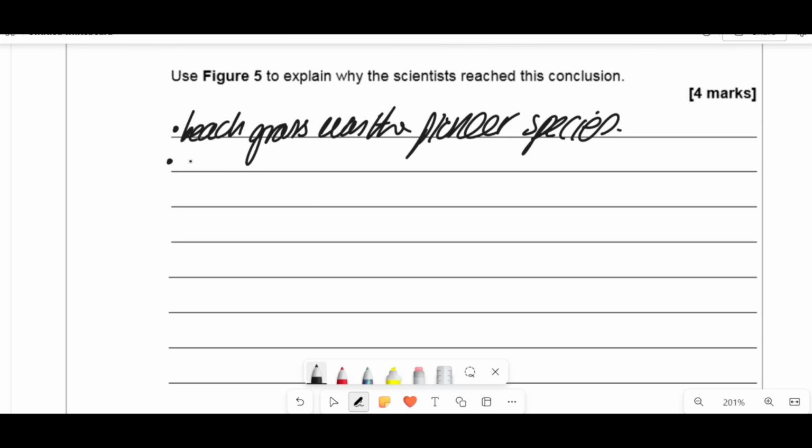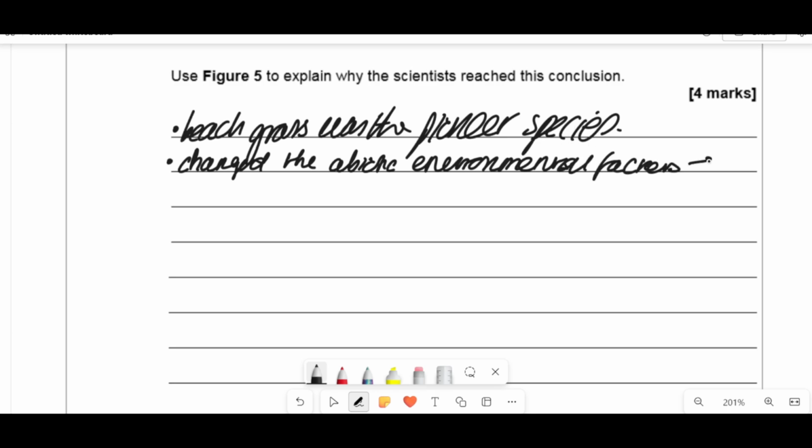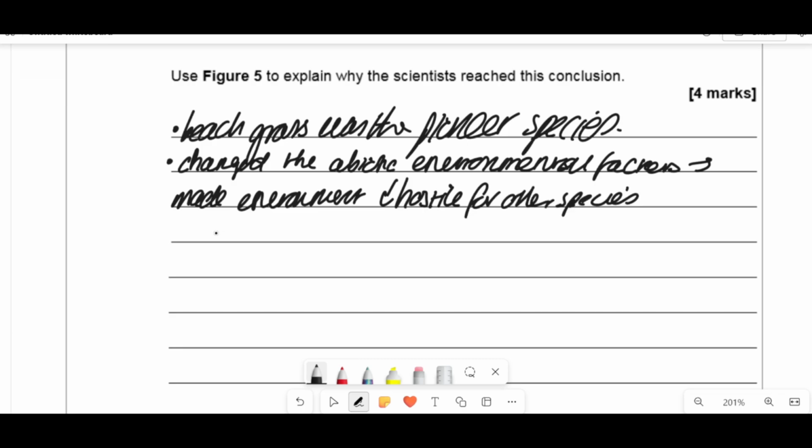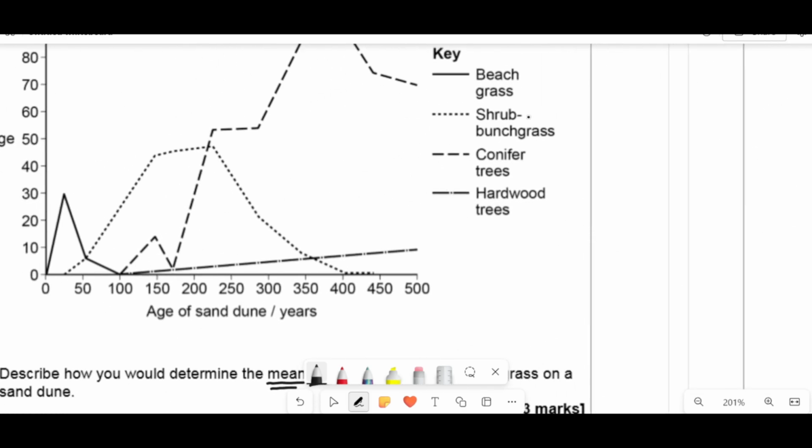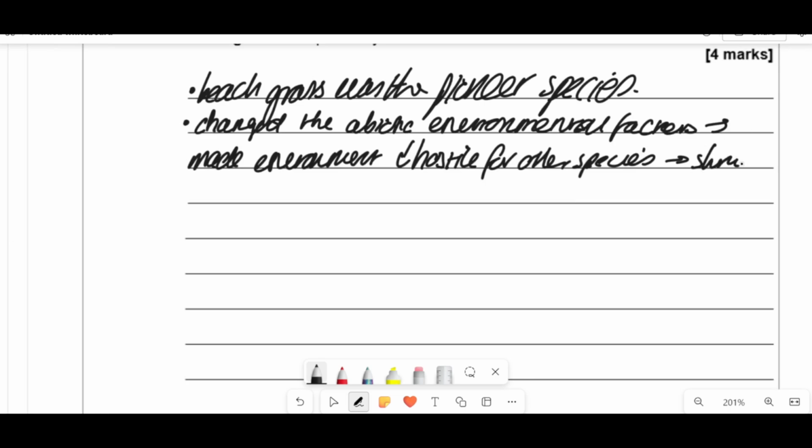What they must have done is changed the abiotic environmental factors, for example nutrient availability in the soils, which they might have provided by dying and decomposing. This meant they made the environment less hostile for other species. And then remember to link back to this: it's less hostile for whichever one came next, so the shrub and bunch grass.